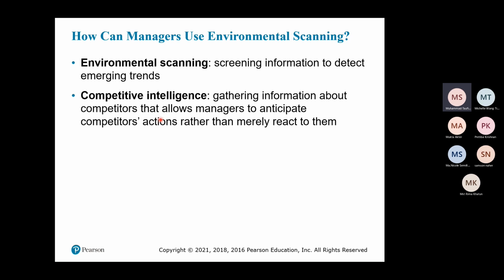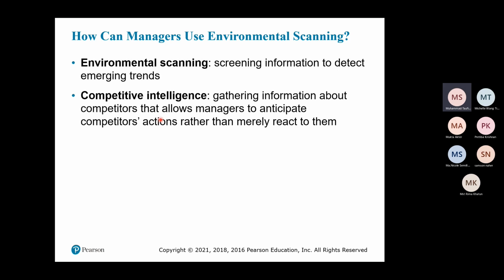So in the globalized world we have right now, gathering information about your competitor is sometimes quite challenging, maybe because your competitor is not in your country but from another country, so it's not easy to get news about them.